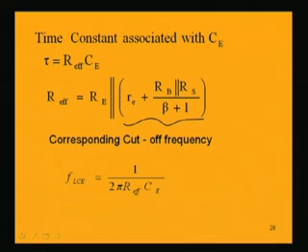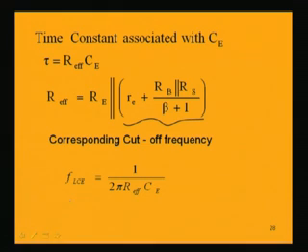So, by finding out the effective resistance across each of the capacitors, we can straightforwardly find out the lower cutoff frequency associated with each of these capacitors. Now, we have found out there are 3 lower cutoff frequencies due to each of these capacitors.